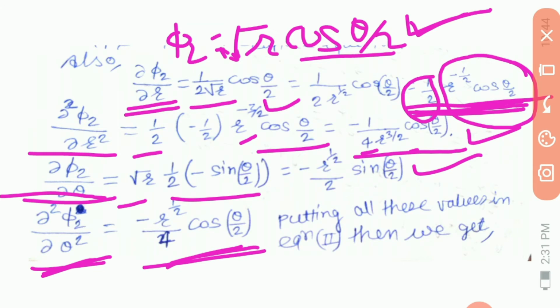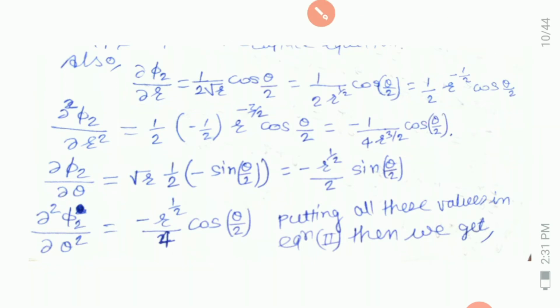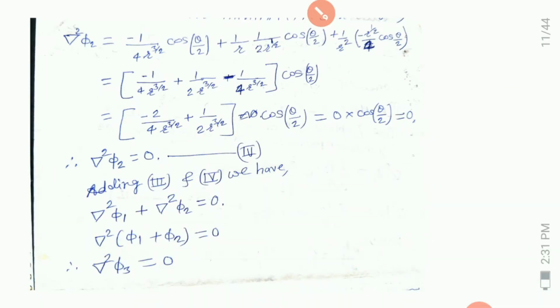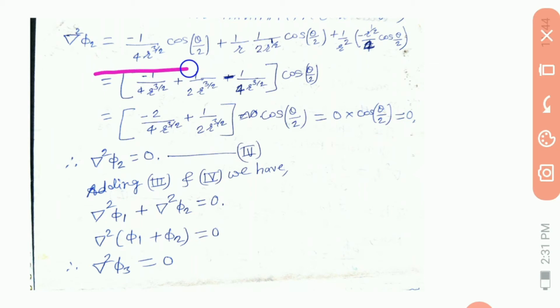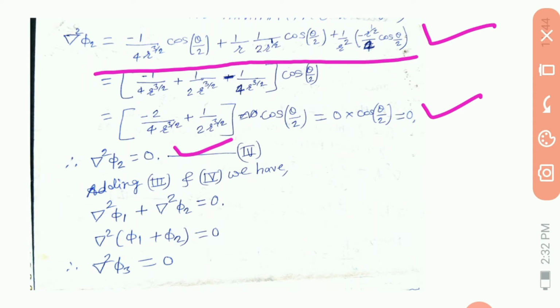So put all these values in equation second, and we get this step. After calculating this, we get this will be 0. So del square φ2 is 0.